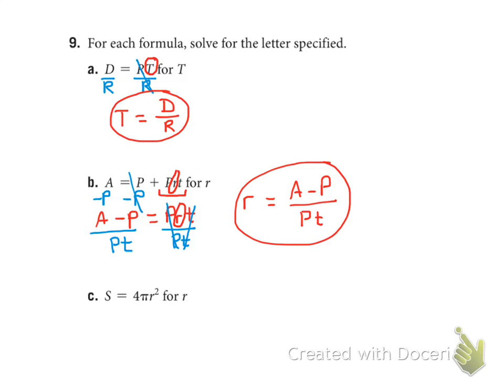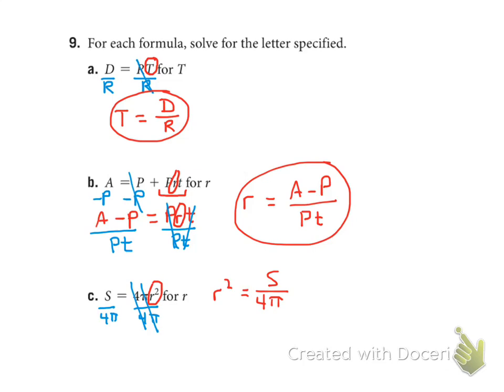Letter C. We want to solve for r. So first we'll have to get the r squared by itself. How do we do that? I divided by 4. Okay, let's divide by 4 pi. So that cancels the 4, that cancels the pi. So now we have r squared is equal to s over 4 pi.